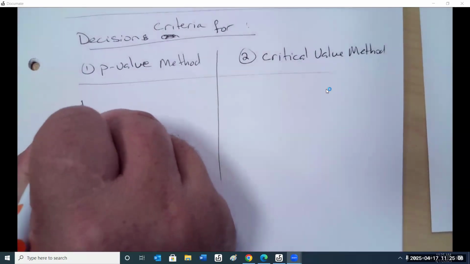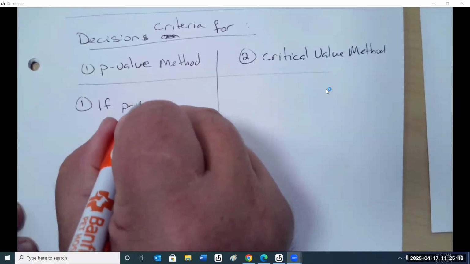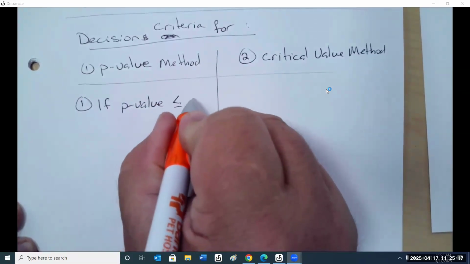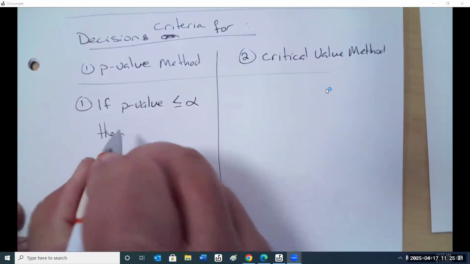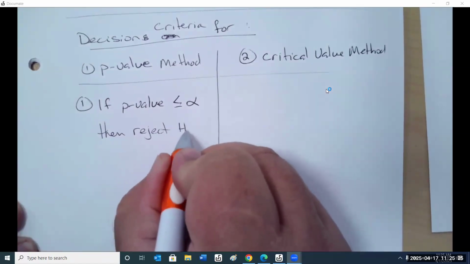So if we're using the p-value, if the p-value is less than or equal to alpha, then reject H0.